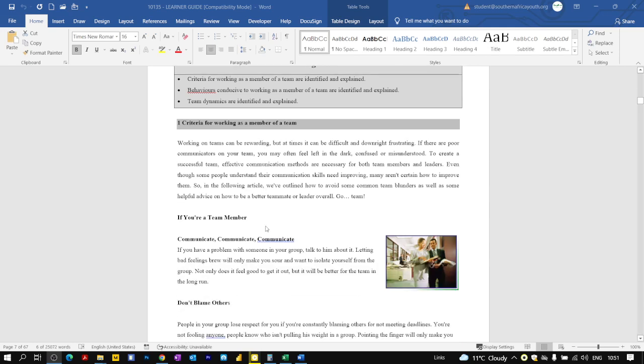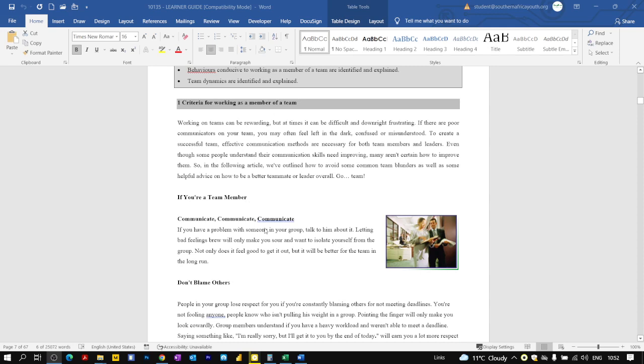All right. The first thing you need to recognize is that if you're a team member, communicate. We talked about this in the last unit standard, but it still applies in every aspect of your daily work. In whatever field you find yourself in, you need to be able to communicate with your team members, with the customers, and with anyone around you.